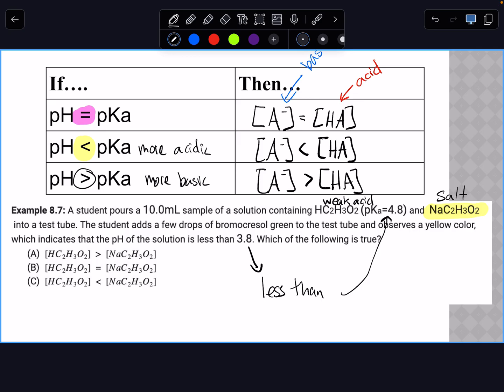So if pH goes down, is it more acidic or more basic? Right, more acidic. And so which species am I looking for that there's going to be more of? Yep, more HA. All right, so more acidic means more HA.